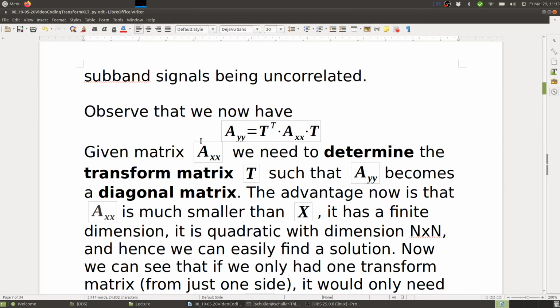So now we have AYY equals T transpose times AXX times T. Remember, now we take AXX as our X transpose times X. This is the correlation of the different phases in our signal. And now we want to find T such that AYY becomes this diagonal matrix.